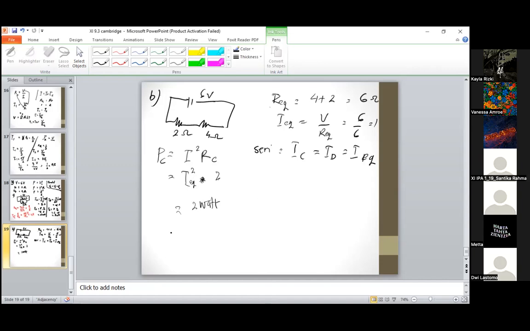Then the P is I quadrat RT. So this is 1 and then 4 square. So it is 16 watt.